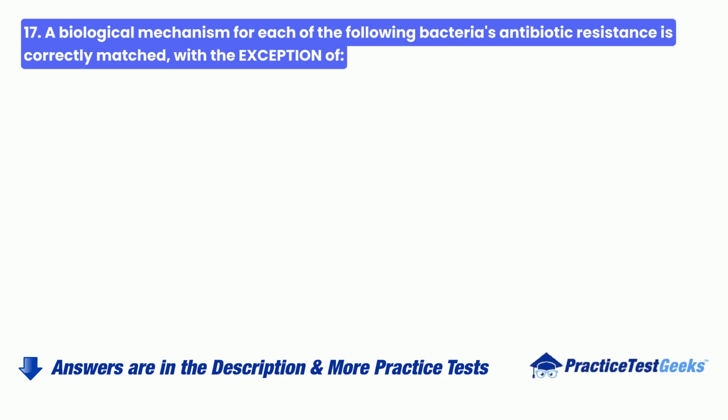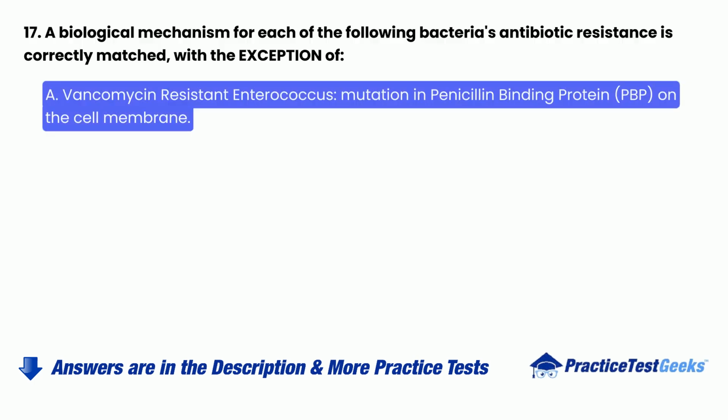A biological mechanism for each of the following bacteria's antibiotic resistance is correctly matched, with the exception of A. Vancomycin-resistant Enterococcus, mutation in penicillin-binding protein, PBP on the cell membrane.